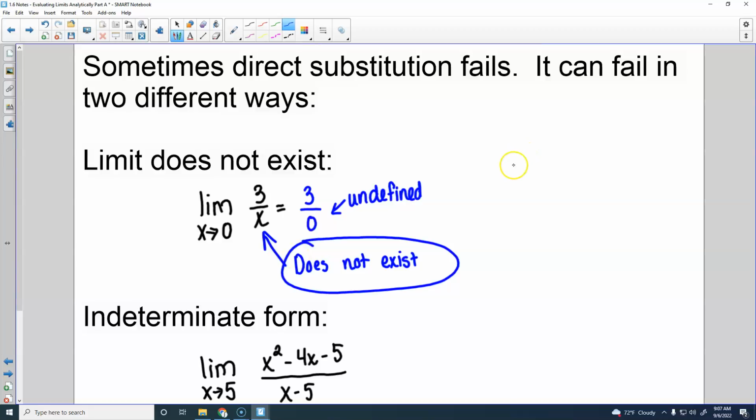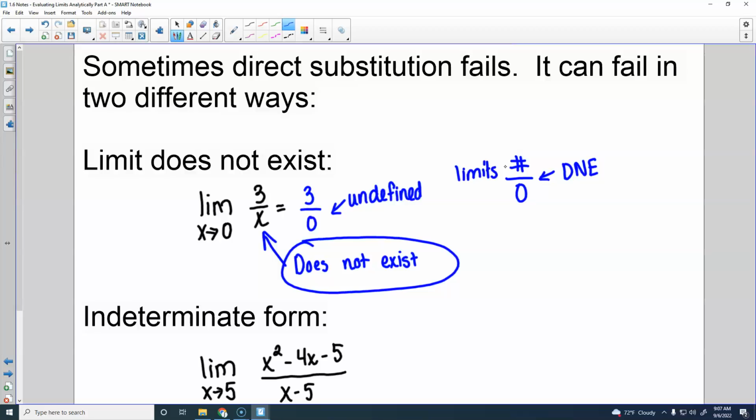So anytime you get some number over 0, that is going to be does not exist for the limit answer. Technically number over 0 is undefined, so they're not really interchangeable, but they seem like they should be interchangeable, right?